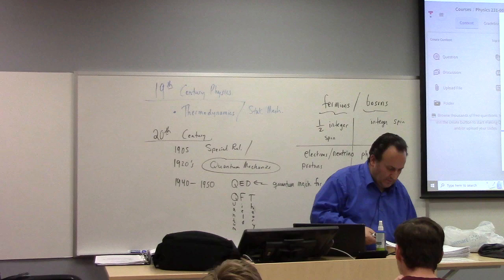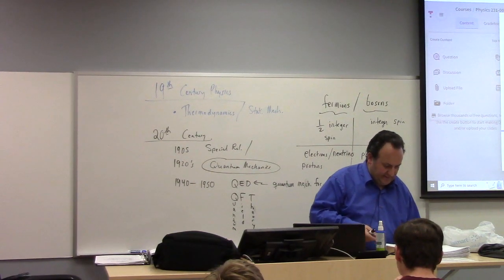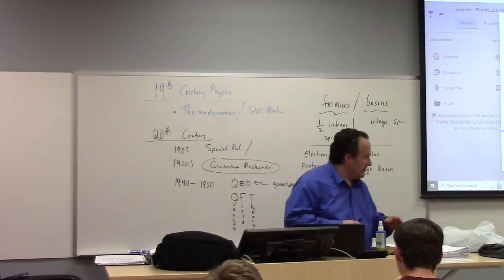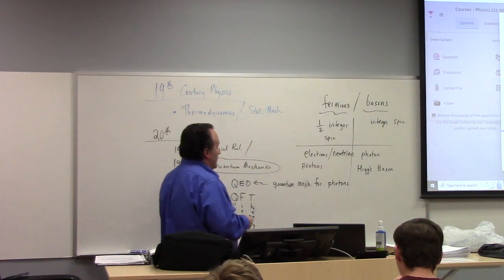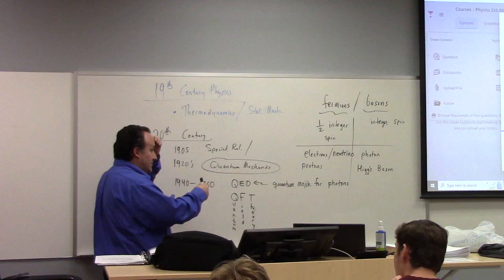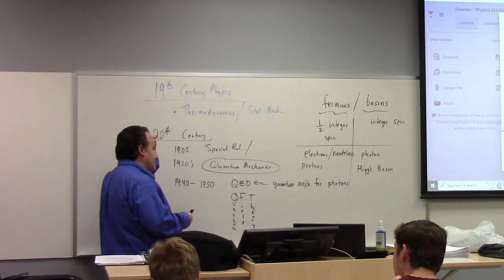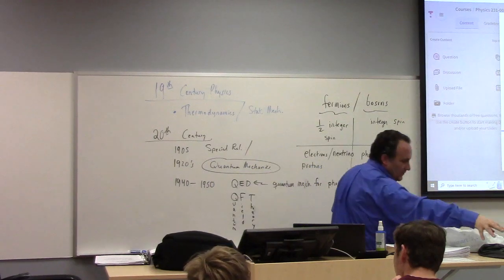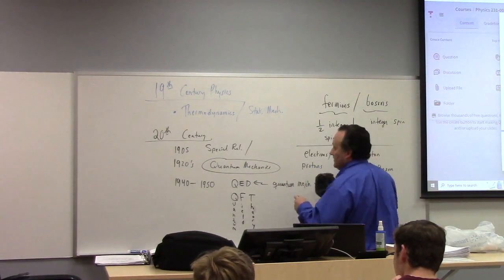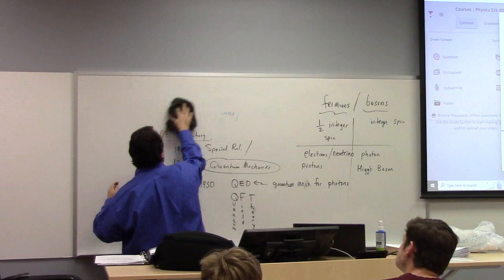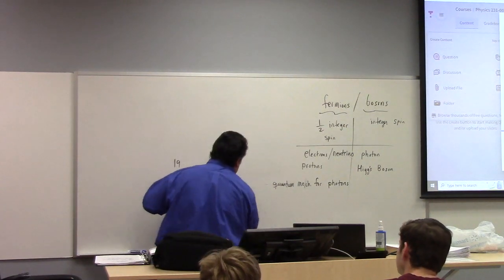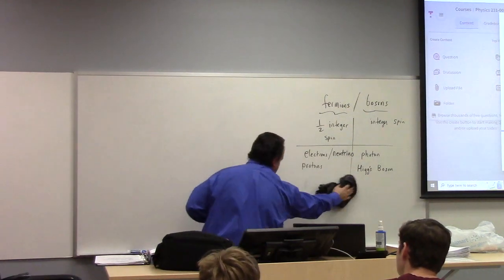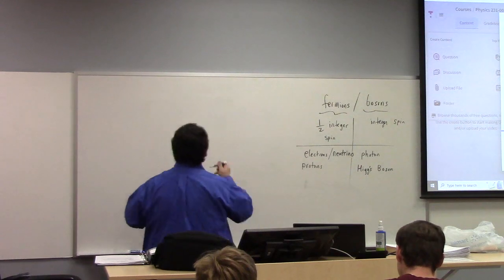Let's see here. I think those are the big things I want to tell you about in terms of the history. This sort of sets the stage for the PDF I have to show you. Let me erase some of this. Try to summarize what we got here. So physics, as it's currently understood, there are four "forces," right?